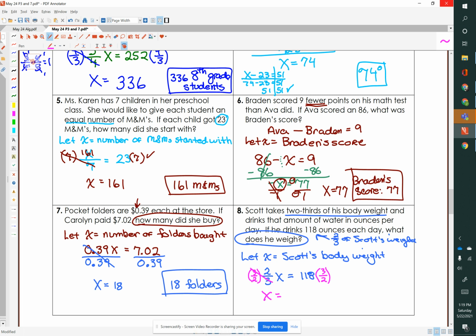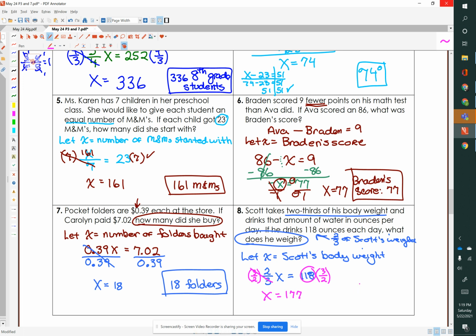So we have 1x equals, and on the right side, 118 multiplied by 3/2 equals 177, which makes sense. It should be more than 118 because 3/2 is greater than 1. So what does this answer represent?